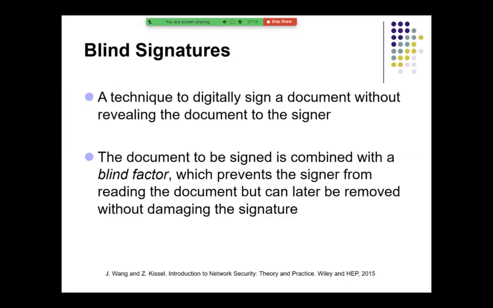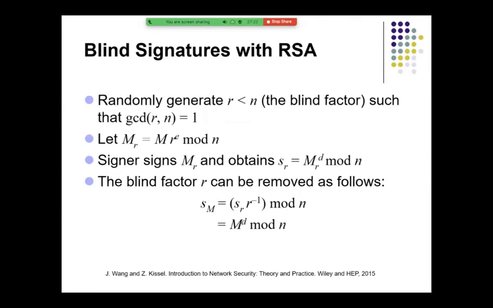So blind signature can be realized using RSA. So here is how we use RSA to generate a blind signature. Here you can see I have a message M, and that's the message M I want the signer to sign.